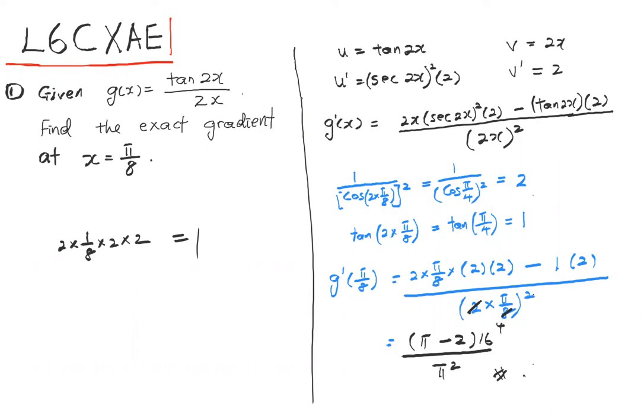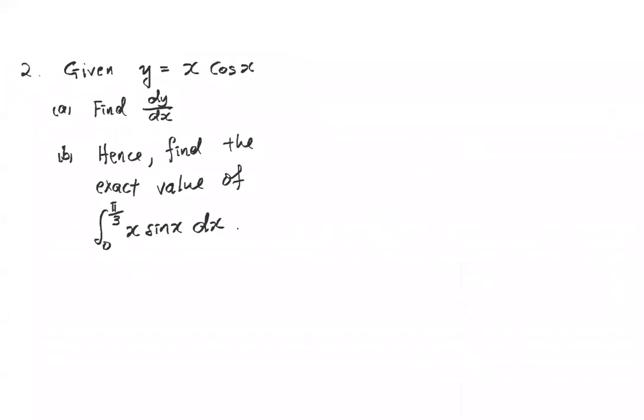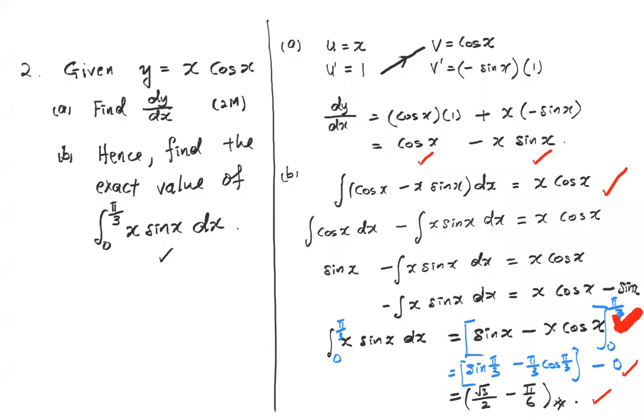Okay, ready? Now you try the next question. Every time you see this question, you differentiate. So you must know your product rule and your quotient rule. Then you get the answer.